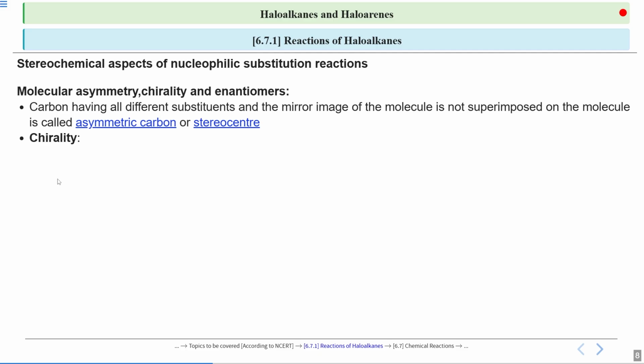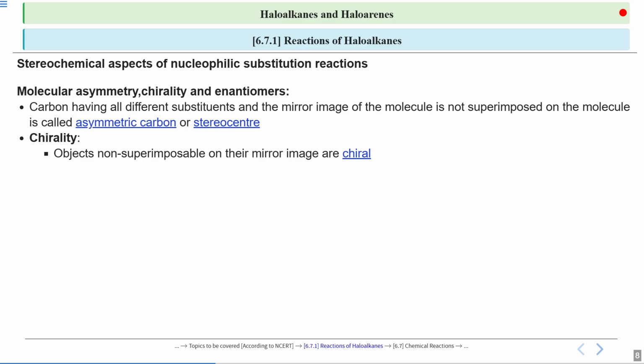Now let's talk about chirality. Objects that are non-superimposable on their mirror image are known as chiral. So for any object, let's say you are taking a circle, you are making an image of that circle by putting a mirror in between.